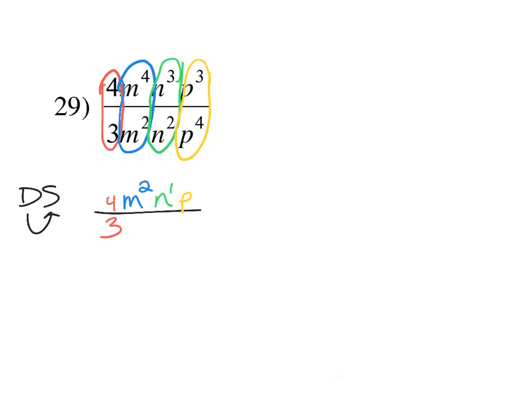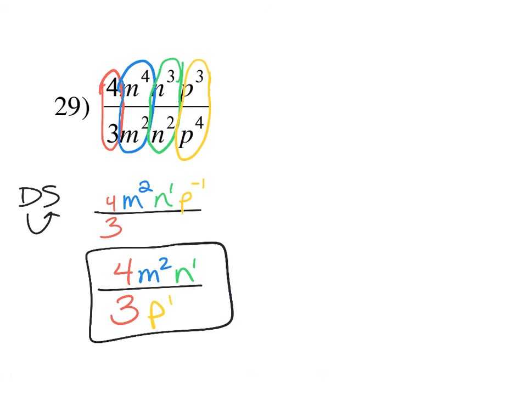P to the 3 minus 4, which is a -1. Now I can't leave my answer like this because I can't have any negative exponents in my answer. But only that P is going to have to move. I guess I should put my exponents there so you can see them.